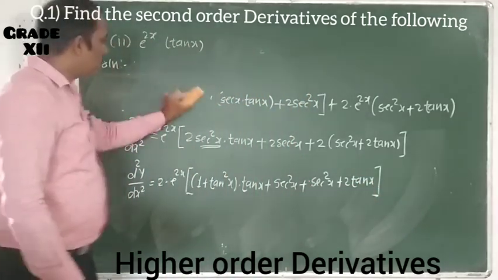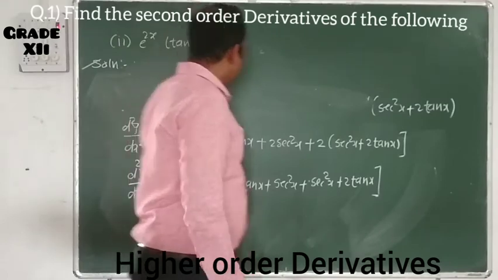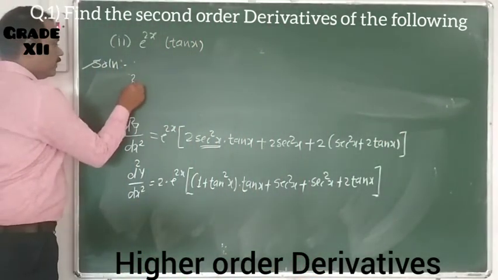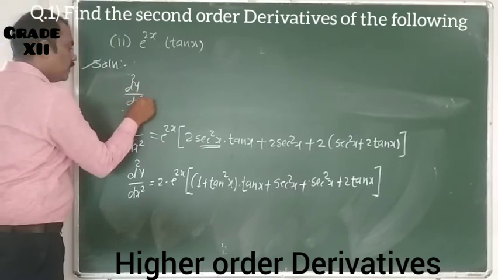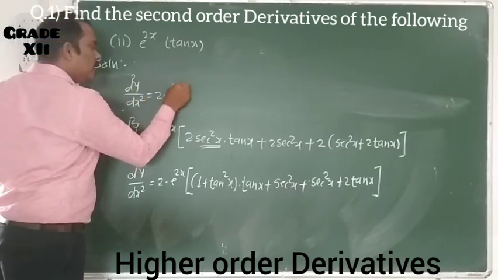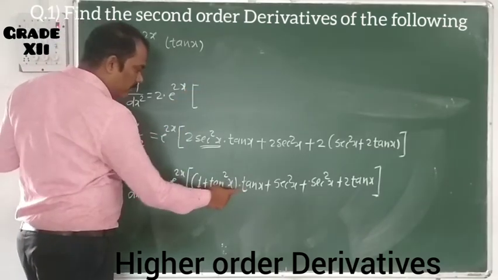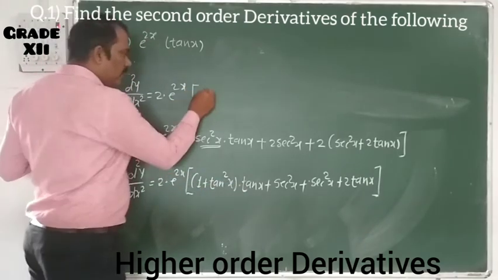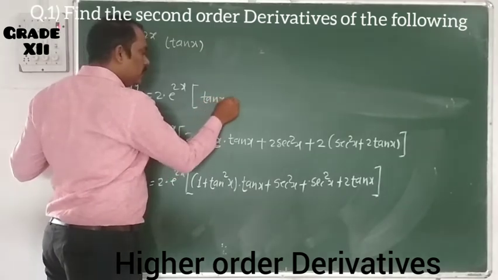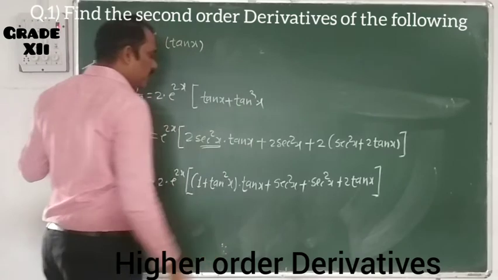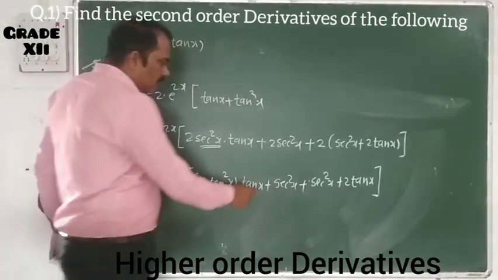So what we have to get, d2y by dx square is equal to 2 times e raised to 2x into, if we multiply by the tan x, tan x plus tan cube x plus sec square x.